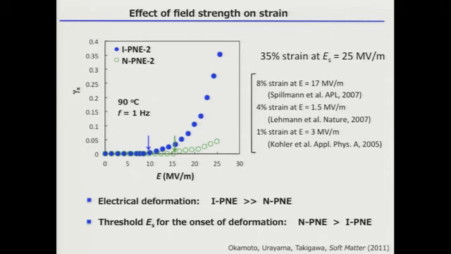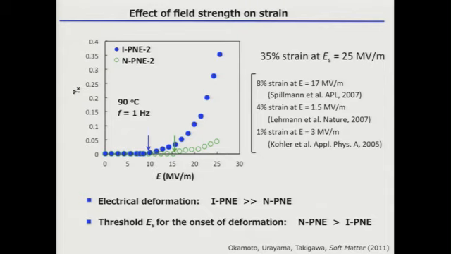This figure shows the electrical strain as a function of the field strength. The blue data is for the isotropic genesis, and the green one is for the nematic genesis samples. Clearly, the isotropic genesis sample shows a much larger electrical strain.